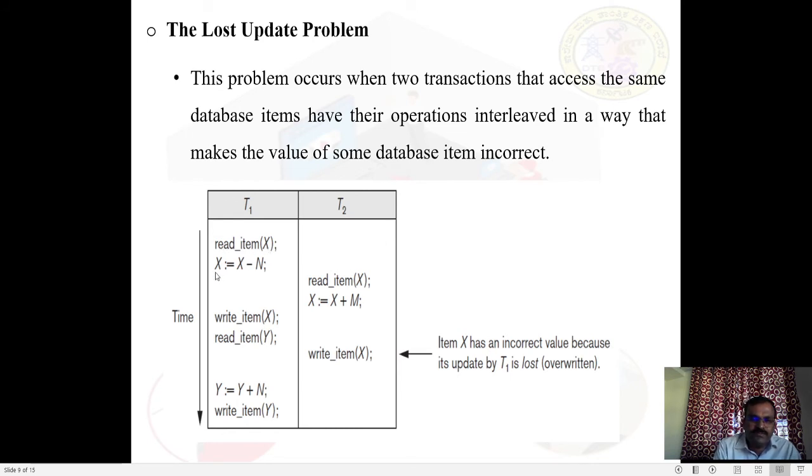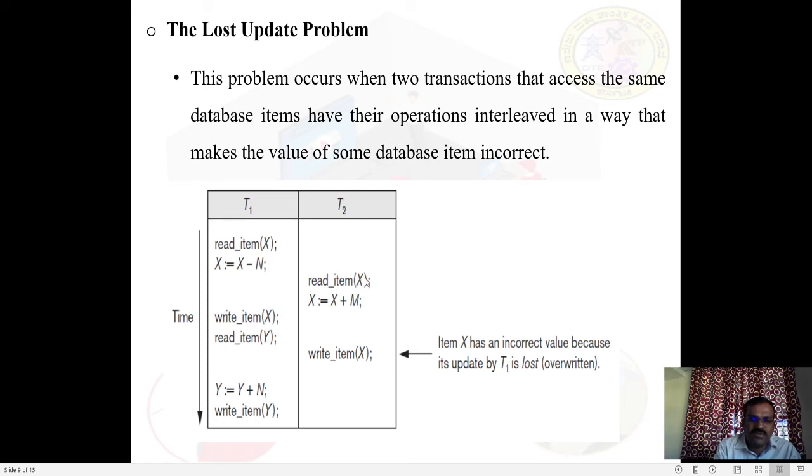X is equal to 80 minus 5, 75. The value 75 is not yet written onto the database. Before it is written, transaction T2 reads item X, and here X is 80 because 75 is still not updated on the database.